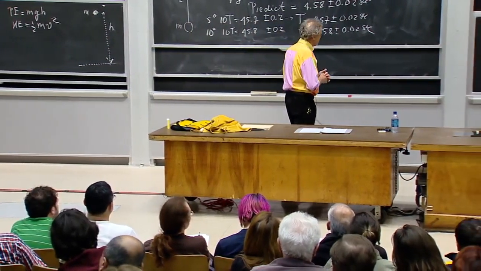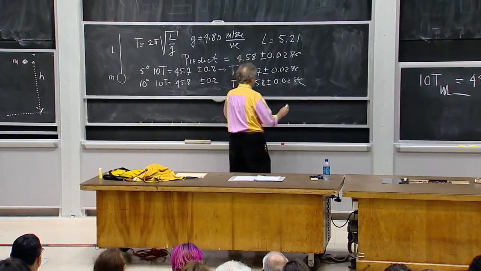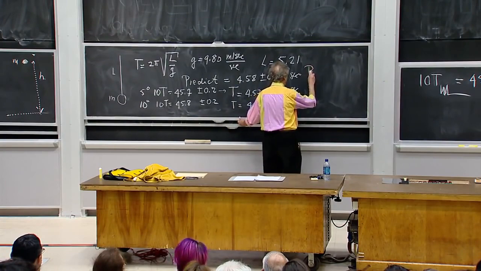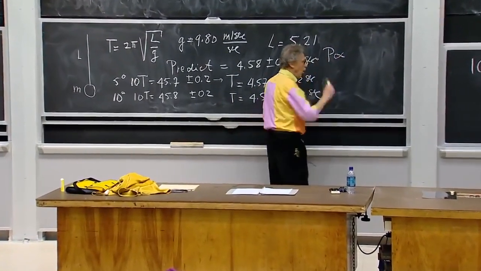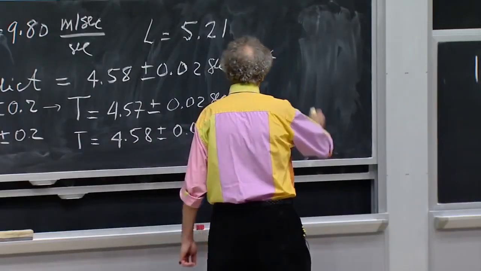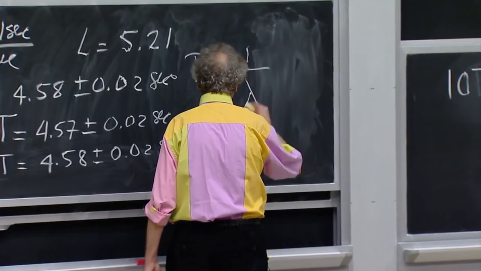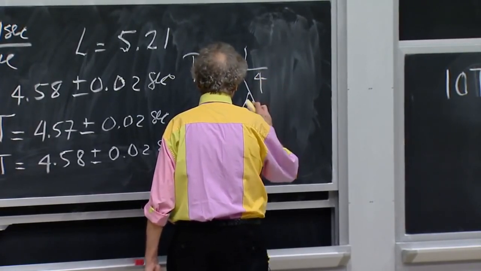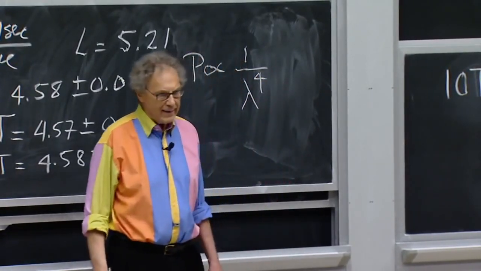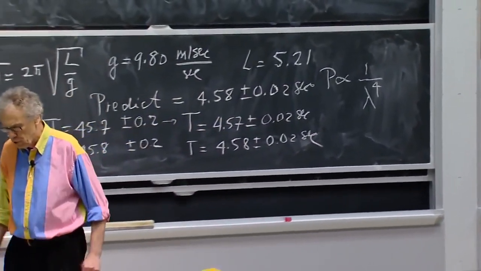The power of scattering, let me call that P, is, when we have Rayleigh scattering, proportional to 1 over lambda to the 4th. This is the only equation that may bother you, and lambda is the wavelength of light. And I will not bother you to tell you what the wavelength of light is. That may confuse you.